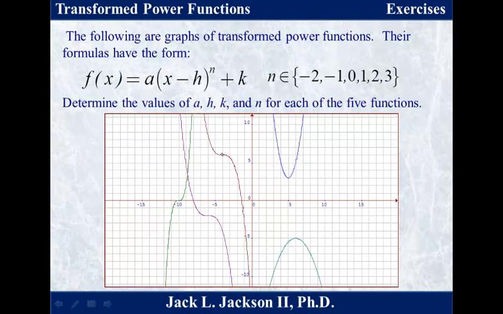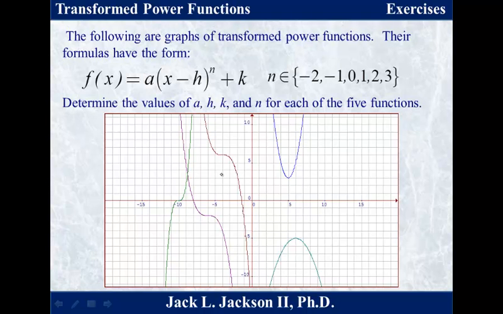Okay, let's look at this red one here, this maroon color, dark red. Now we see the basic odd shape with the arrows pointing both ways. The inflection point was at the origin, so you can see the inflection point right here, and you can see it's been shifted from the origin.